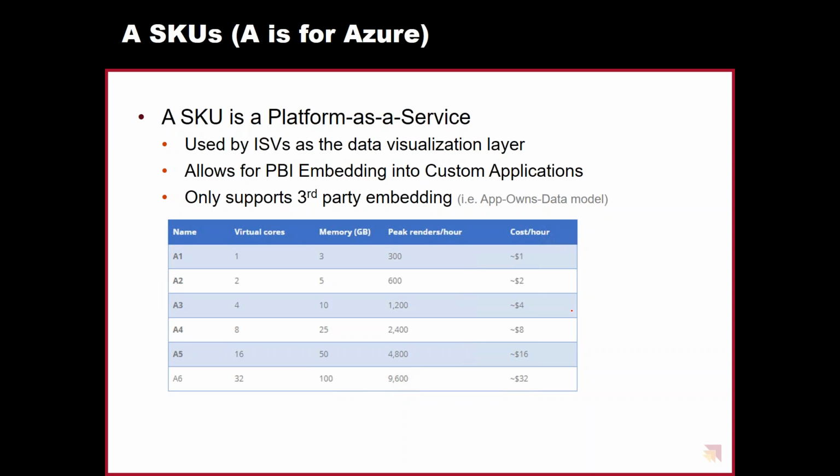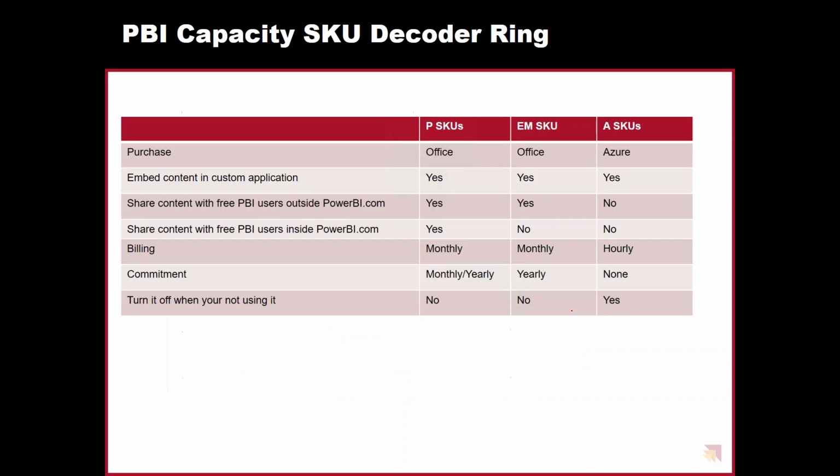It might not be great for organizations because you can't have any user identity. Does that mean I can reach my regular users that have free licenses? Yeah, you can reach them, but you have to reach them as anonymous users, so their identity can't be used to drive something like row-level security. Once again, all we really support is the third-party embedding in this particular SKU here.